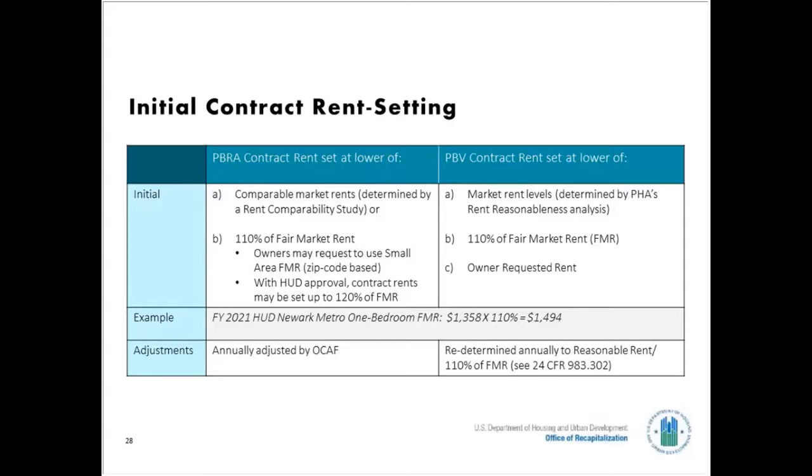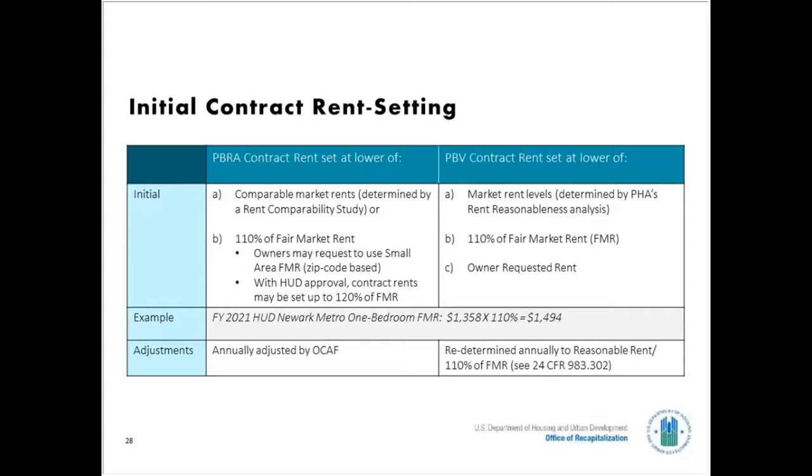And lastly, you may possibly be able to get up to 120% of FMR if you're able to show that the project is located in a zip code where 30% or less of the area is low income, or 51% of the tenants are rent burdened, or lastly, there is revitalization activity in the area.